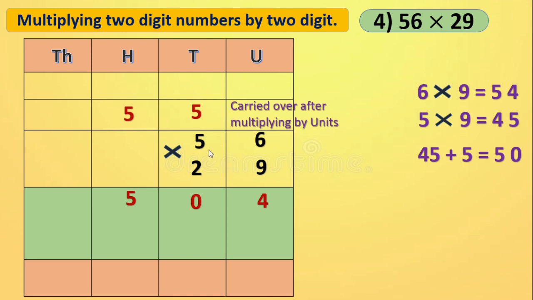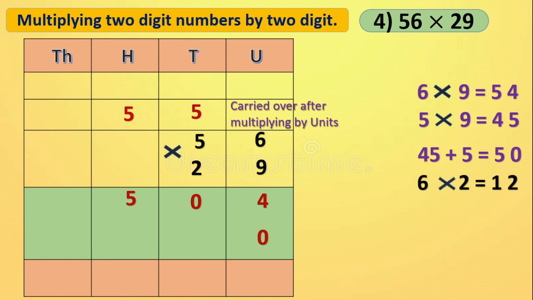Okay. Now here multiplication of 56 and 9 is over. Right? Now in the next step we are going to multiply 56 by 2. 2 is in tens place, isn't it? So we will put 0 in unit place. This is unit column, isn't it? Nothing to do with the unit column. So here we will put 0 first. Now we will move to 2 6s are. How much? 2 6s are 12.